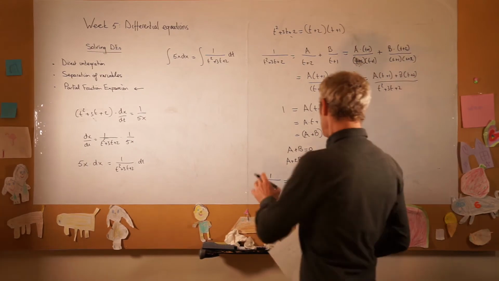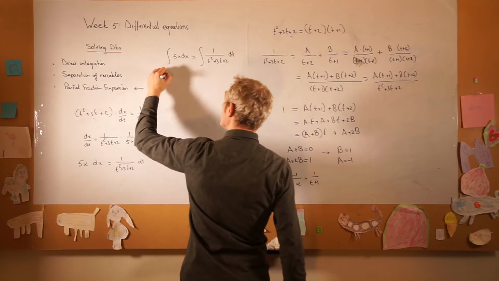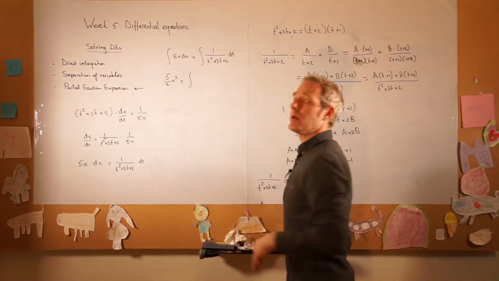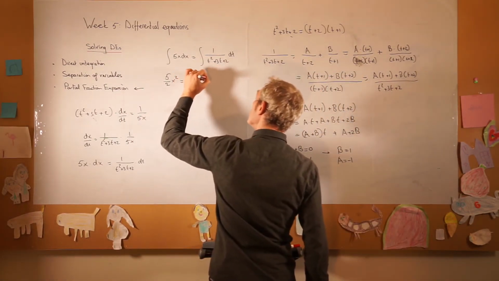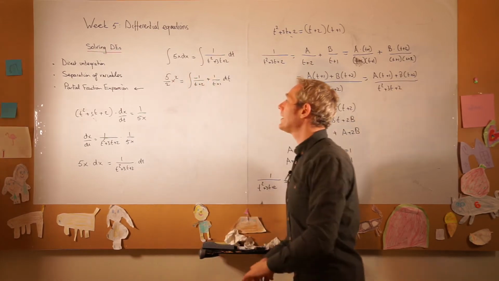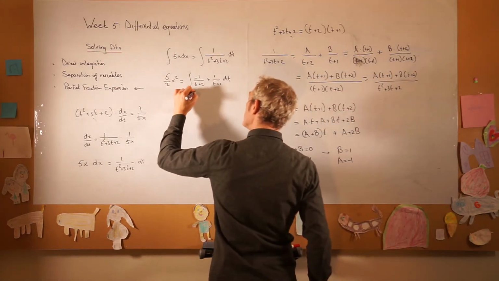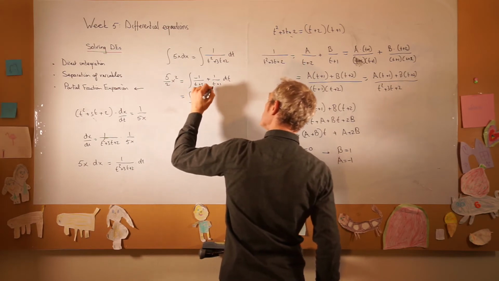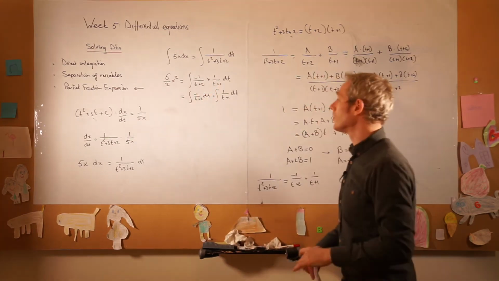So we use this. The left side we can simply calculate: 5 over 2 x squared. But the right side we couldn't calculate before. If we now look at -1 over t plus 2 plus 1 over t plus 1 dt, we can integrate this, because this is the sum of -1 over t plus 2 dt plus 1 over t plus 1 dt, because of the sum rule for integration.